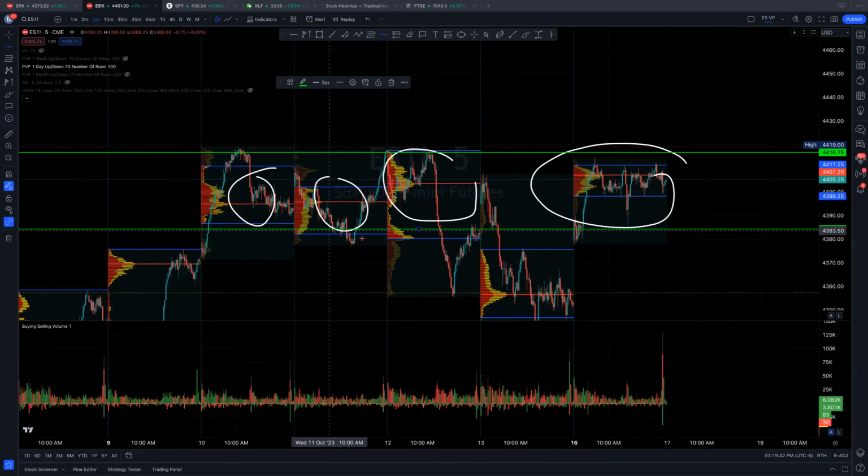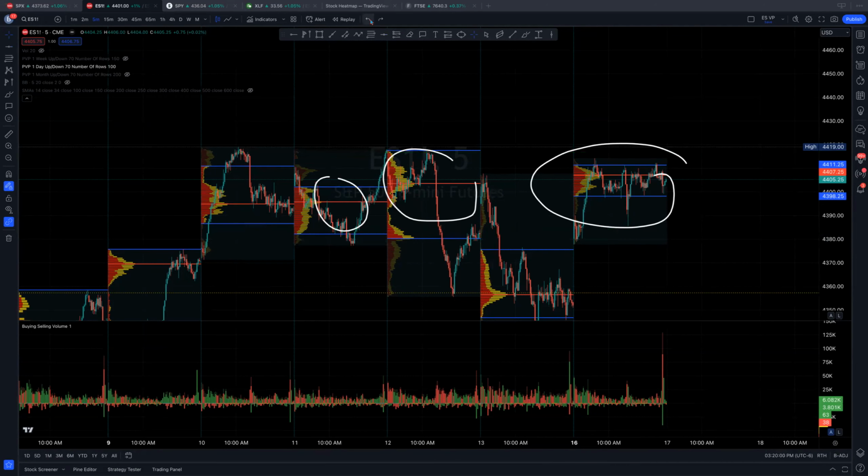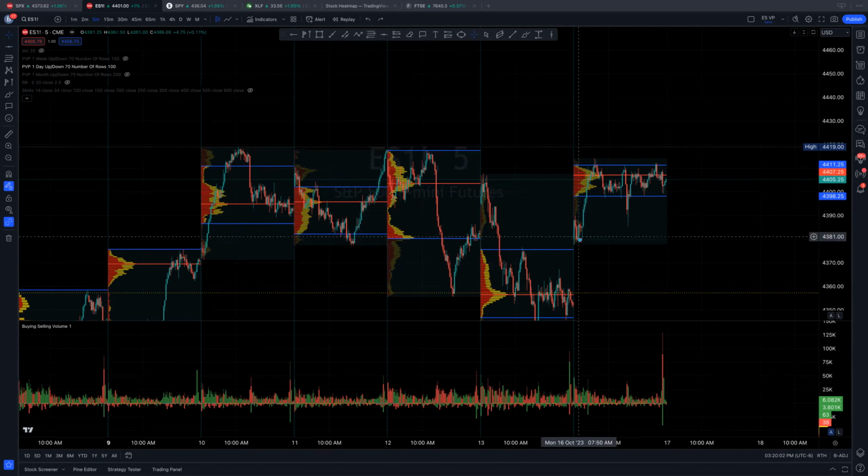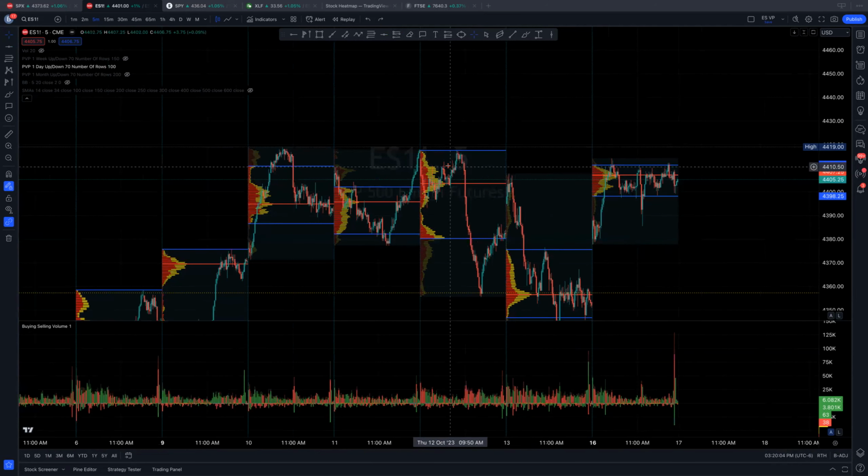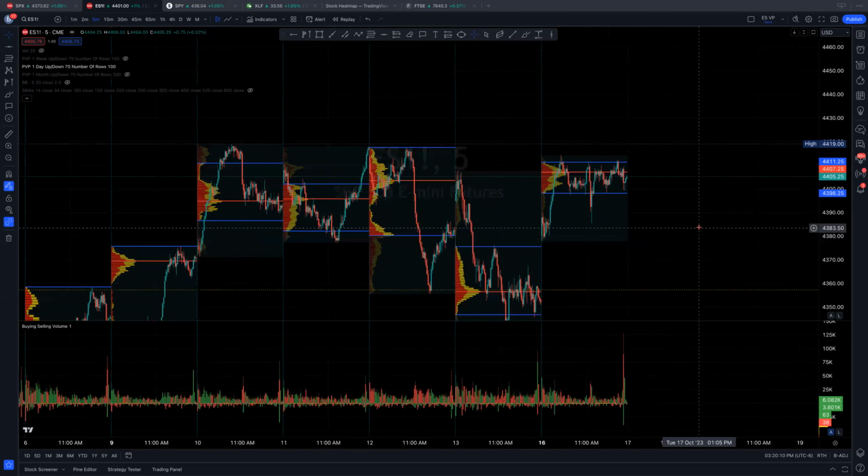See, this was support, this was broken down, this was resistance, then support, then turns support, and then it just broke down again. So I use these lines to understand where value is being held, and then I look at the price action around these lines. Does that make sense?